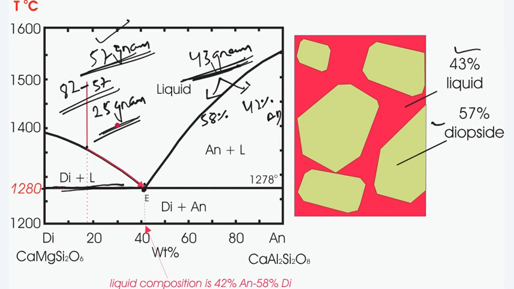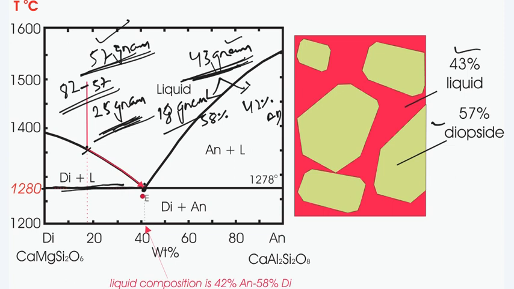So if it is 25 gram, then how much anorthite is present? 18 gram. Understood? That means in this 43 gram of liquid, 25 gram is dioxide and 18 gram is anorthite. That means from this point to this point, there is no crystallization of anorthite.